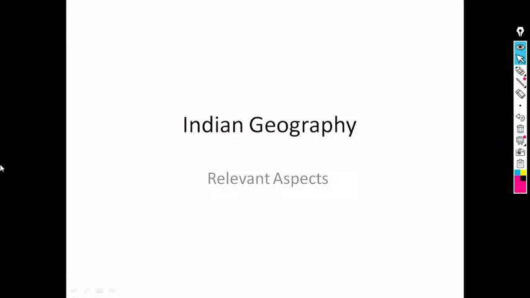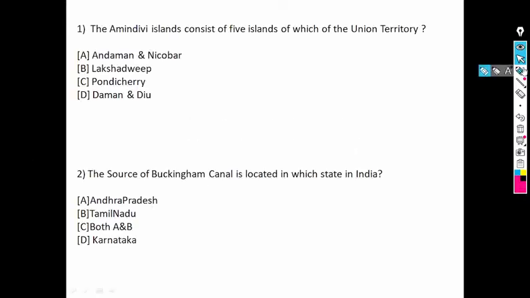So let's discuss one by one. The Amindivi Islands consist of 5 islands of which Indian territory? Your options are Andaman Nicobar Islands, Lakshadweep, Pondicherry, and Daman-Diu.